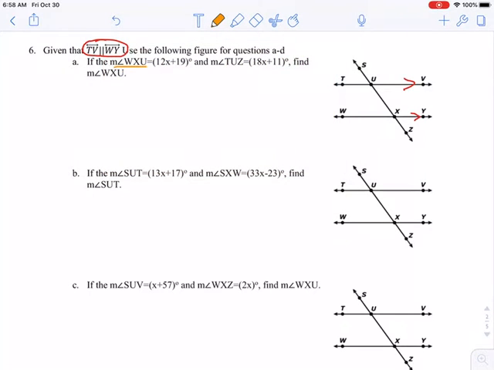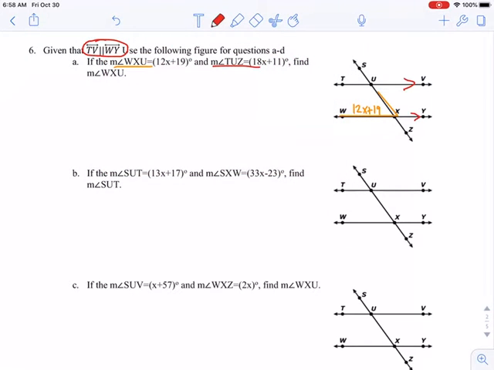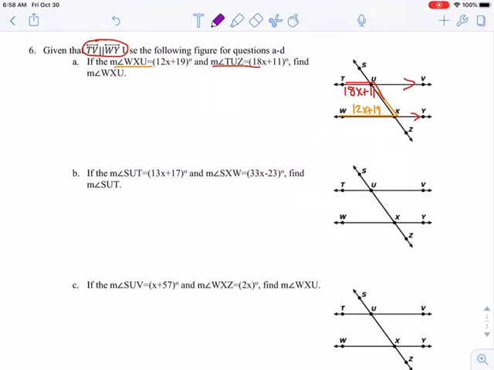The measure of WXU is this angle right here, 12x plus 19. TUZ is this angle right here, 18x plus 11. All right, so we need to find the measure of WXU.